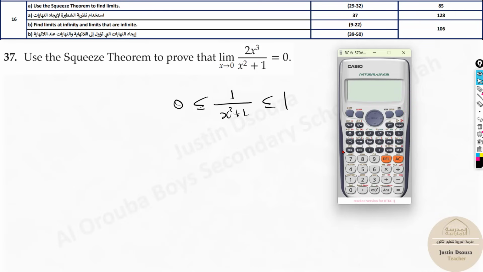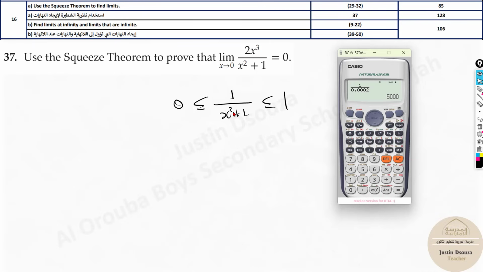In the same way, if you divide 1 by a very small number, say 0.00, it gives a big number, right? But here, what is happening? x squared plus 1, so it doesn't matter what x is.